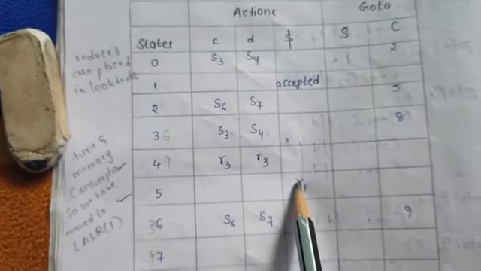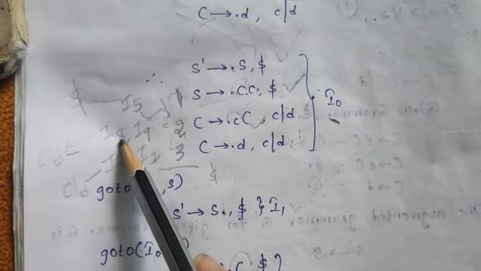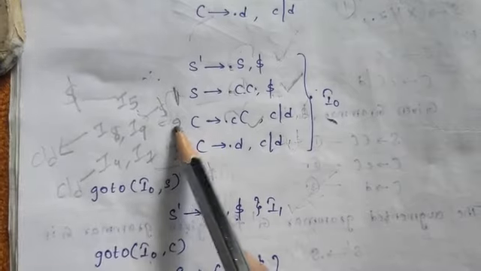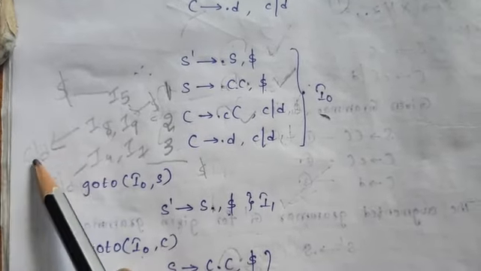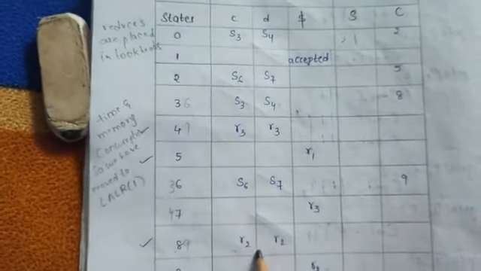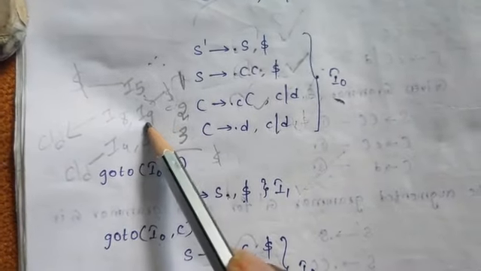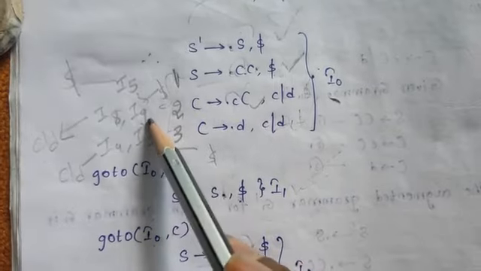Okay, in the fifth state we need to place R1 in dollar, and in the eighth state R2, the second production reduction, will be C/D, either C or D. In the eighth state the R2 production will be there in C/D, that means in place of C. In the ninth state R2 will be closing with dollar. For that reason, in the ninth state R2 will be placed in dollar.